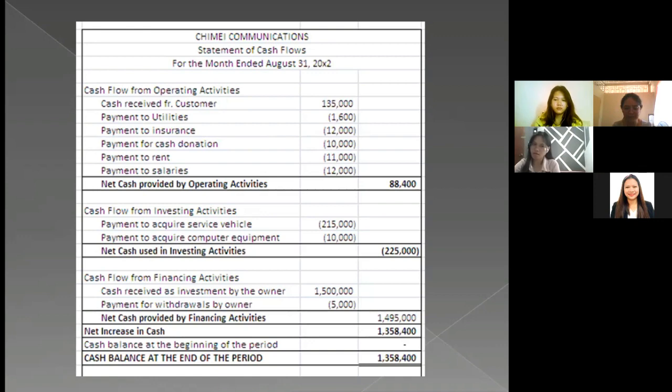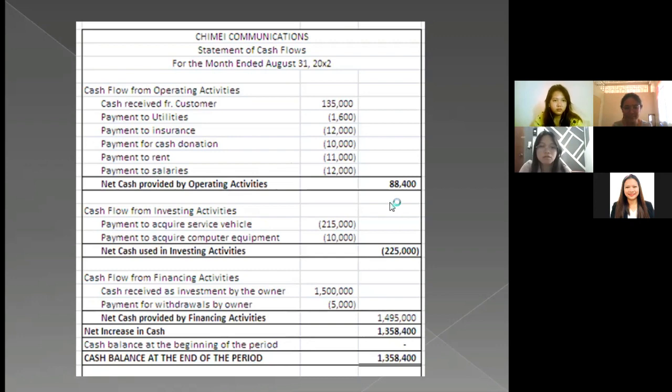So, para makuha natin yung net increase in cash, i-add natin yung operating, investing, tsaka financing. Pero yung sa investing, negative. Kaya ililess.